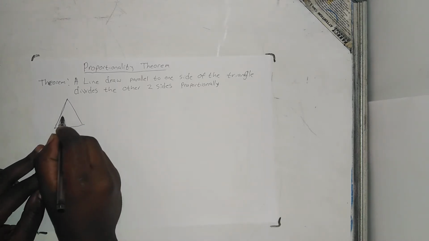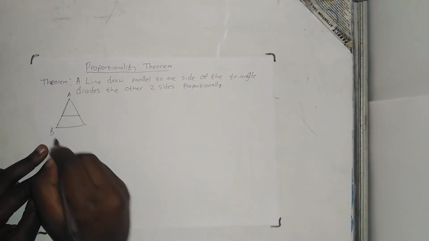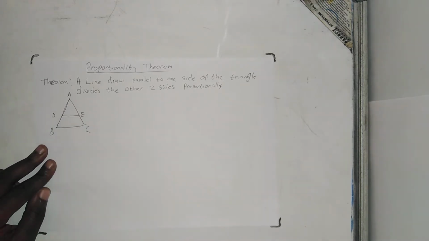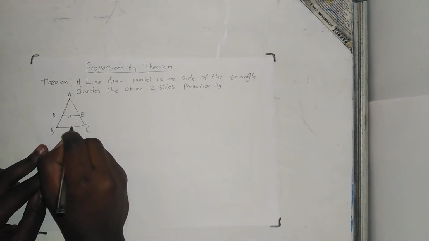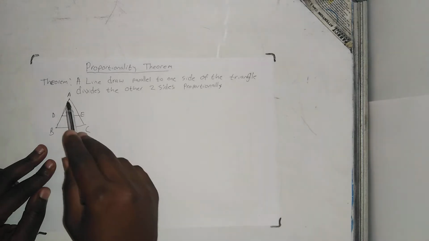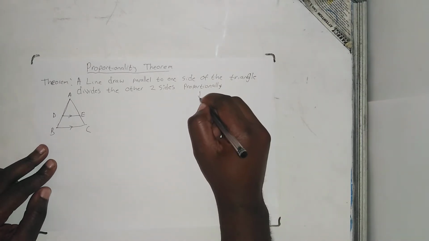Here is a triangle, let's say this triangle is A, B, C. If I draw a line and I call this line D, E, and this line is parallel to one side of the triangle, now this theorem tells me that if I have something like that, then that line will divide the other two sides of the triangle in a proportional manner or in the same proportion. So guys, what do we mean by same proportion or proportional? This simply means the same ratio.